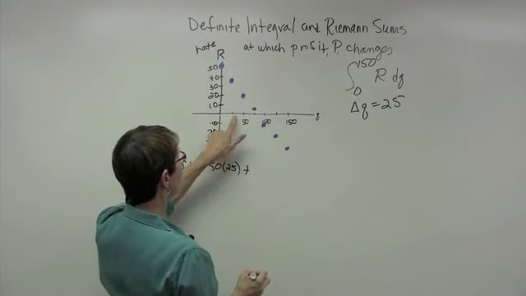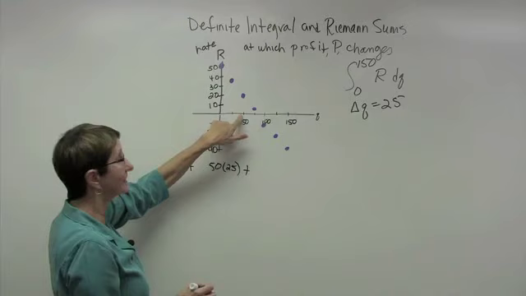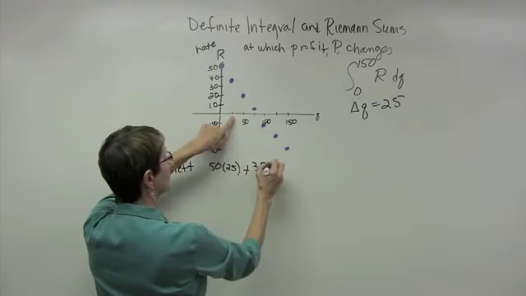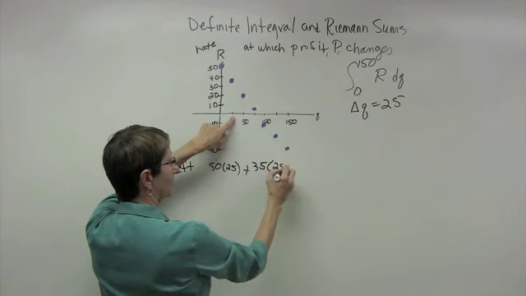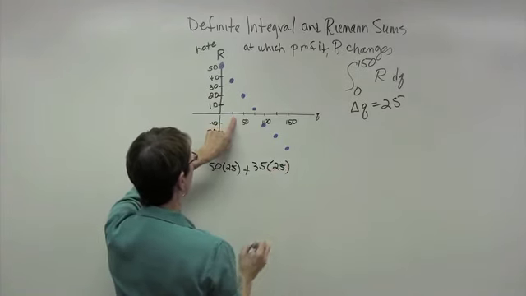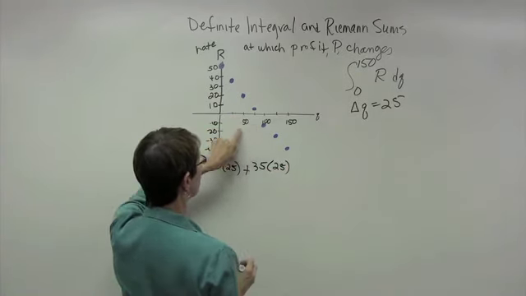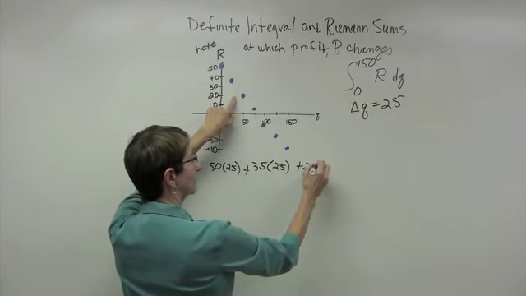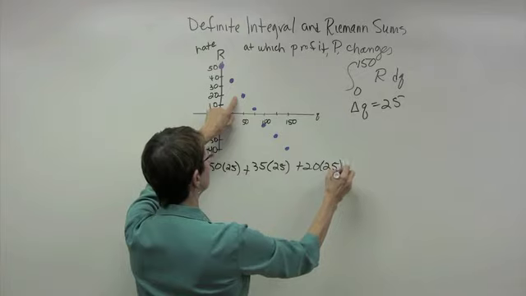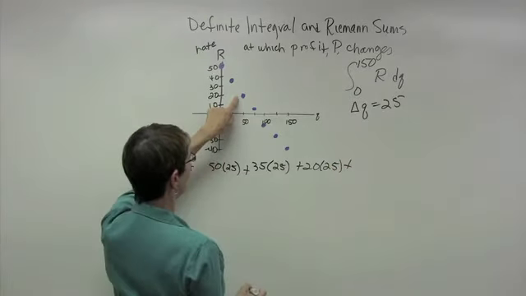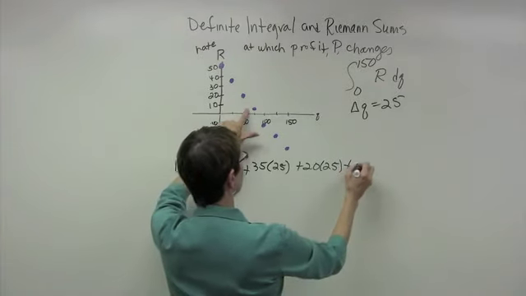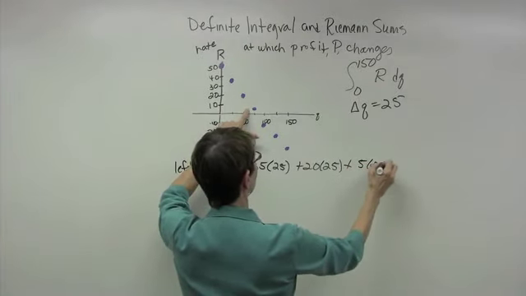Plus, for my second interval, I'm doing the left side again, and that looks like 35 times the 25 units. For the next interval, I have, looks like 20 times 25, plus for the next interval, this is 5 times 25.